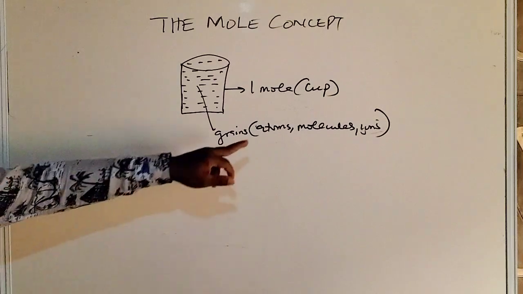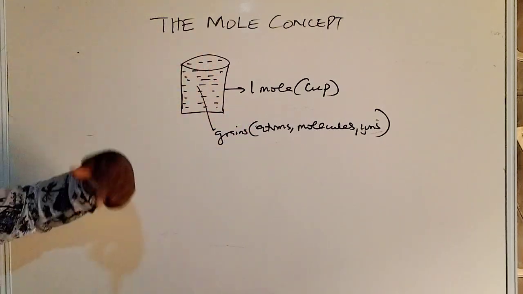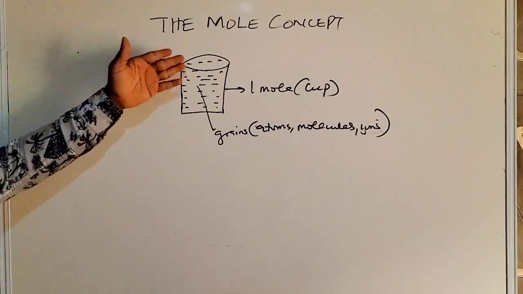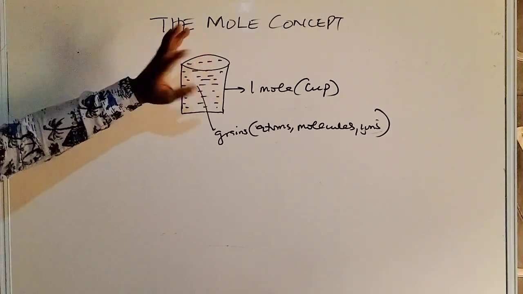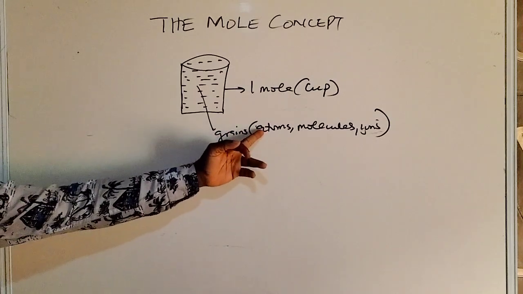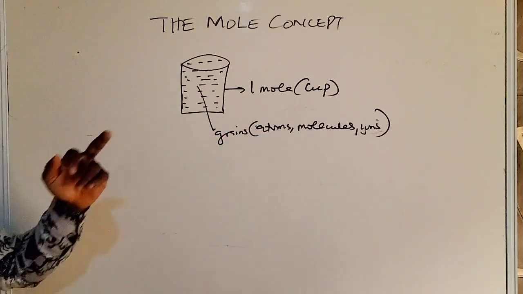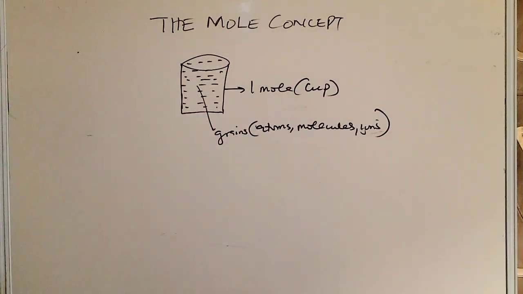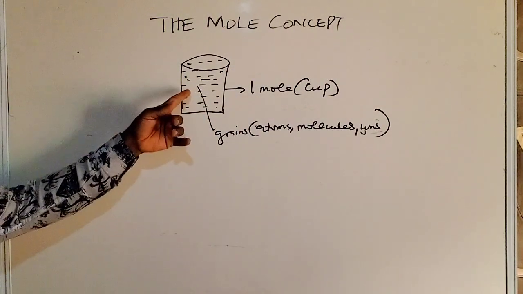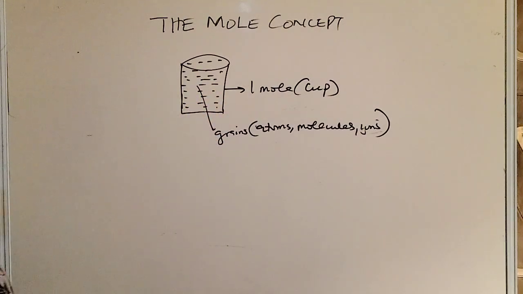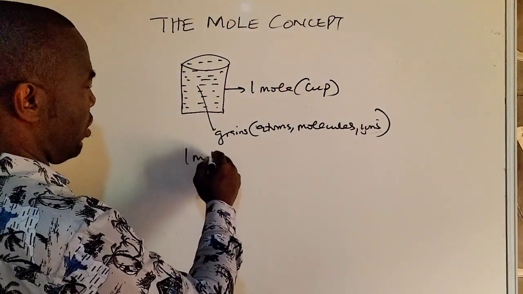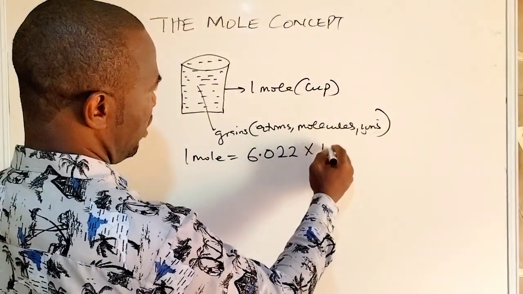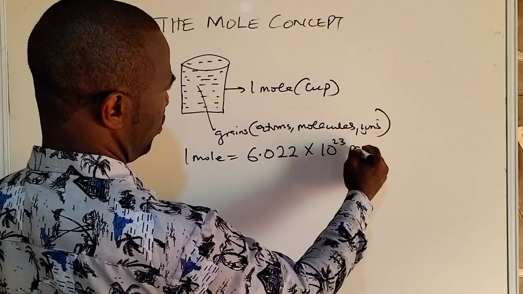How many atoms of copper will make up 1 mole of copper? If rice now represents sodium or any element like iron, how many grains will make up 1 mole? We're told that 1 mole will contain 6.022 times 10 to the power 23 particles.